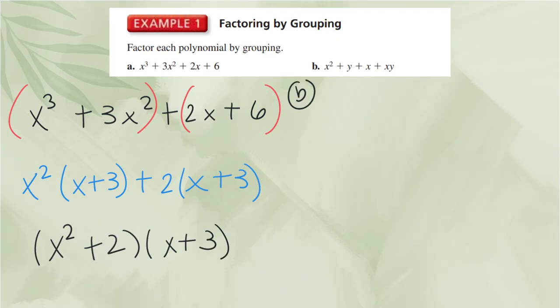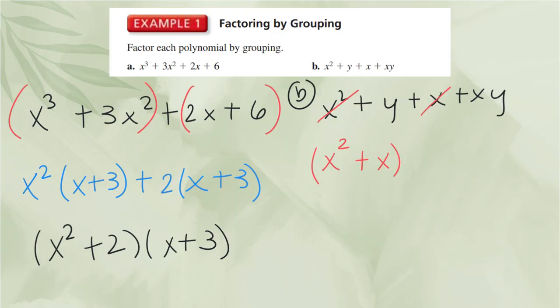In B, I have 4 terms as well: x squared plus y plus x plus xy. I'm going to group my x's together and my y's together, 2 binomials, remember. So I'm going to have x squared plus x, okay, so I'm done with that, plus y plus xy.